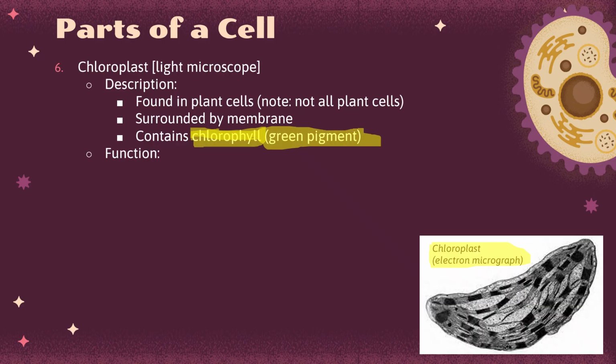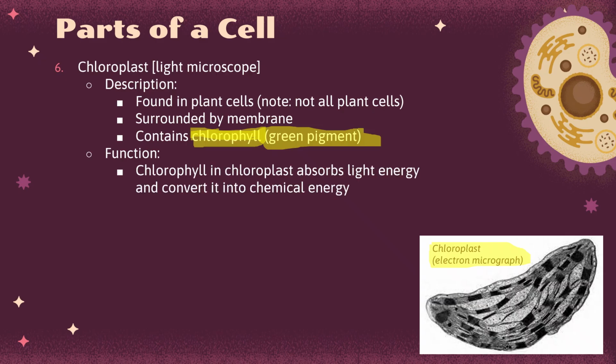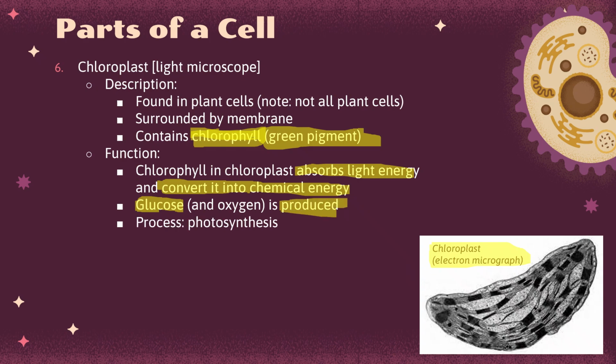What chlorophyll does in the chloroplast is absorb light energy and convert this light energy into chemical potential energy. In the process, glucose is produced. So you all learned that plants make food, right? The food is actually glucose. And this process is also known as photosynthesis, which I'm sure you are familiar with.